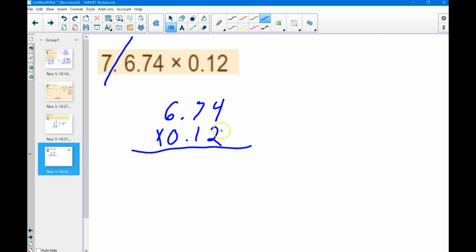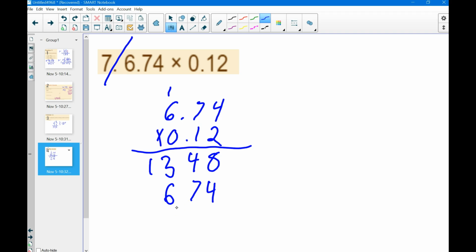Okay, so if I go solving this one, 2 times 4 is going to give me 8. And 2 times 7 is going to be 14. 4, I will carry 1. 2 times 6 is 12, plus 1 is going to be 13. And the next one I'm going to go 1 times 4 is 4, and 7, and 6. And I'm done.